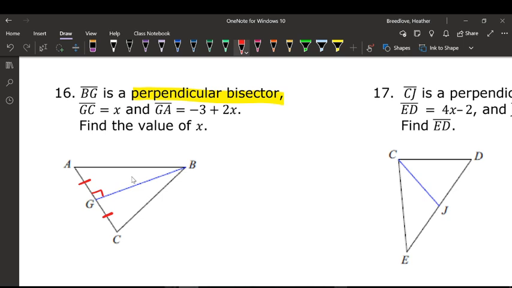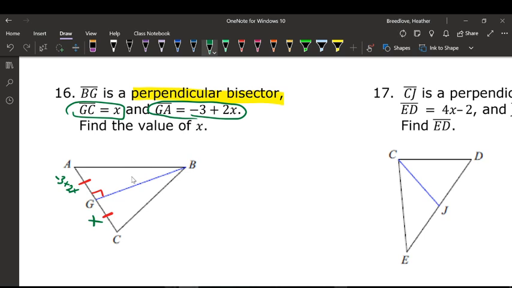It says the segment GC equals X. So GC equals X. And GA equals -3 plus 2X. Find the value of X.